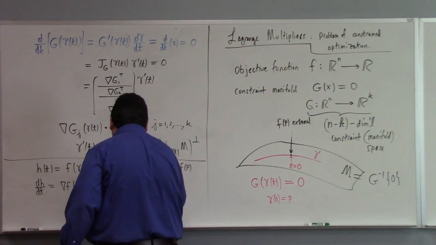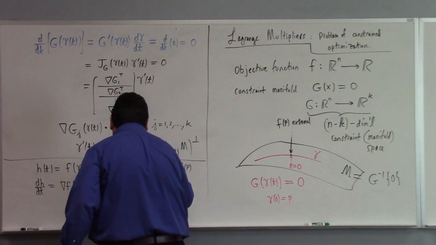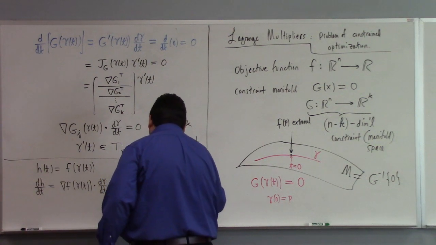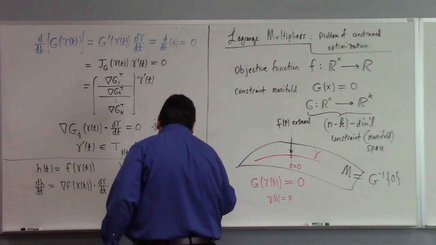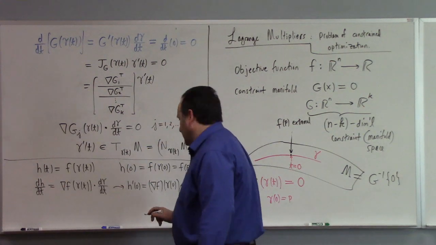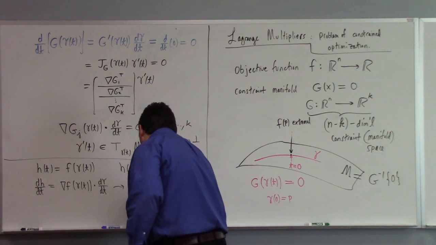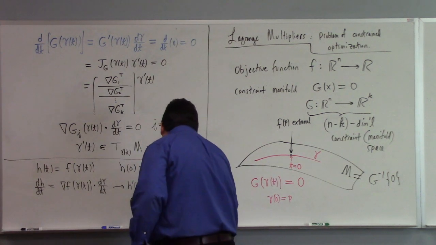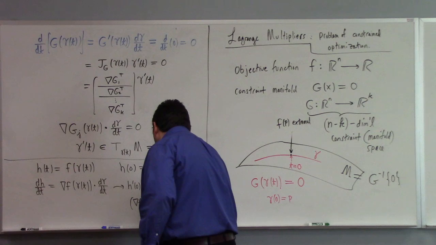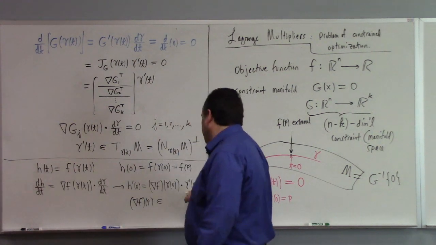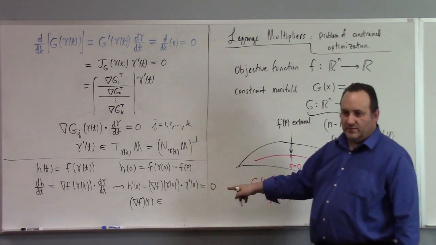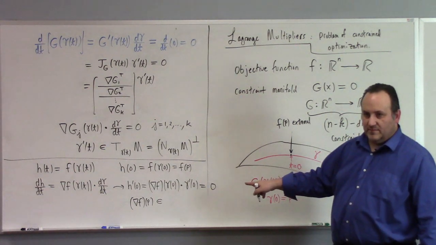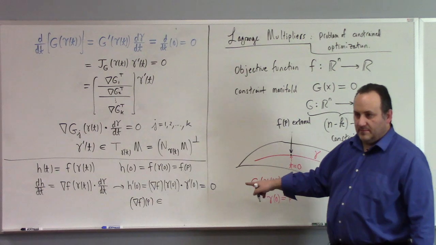So if we look at h prime of 0, what is it? That's the gradient of f at gamma of 0 dotted with gamma prime of 0, which tells us, in fact, that the gradient of f at p has to be perpendicular to the tangential direction, which means it's normal.